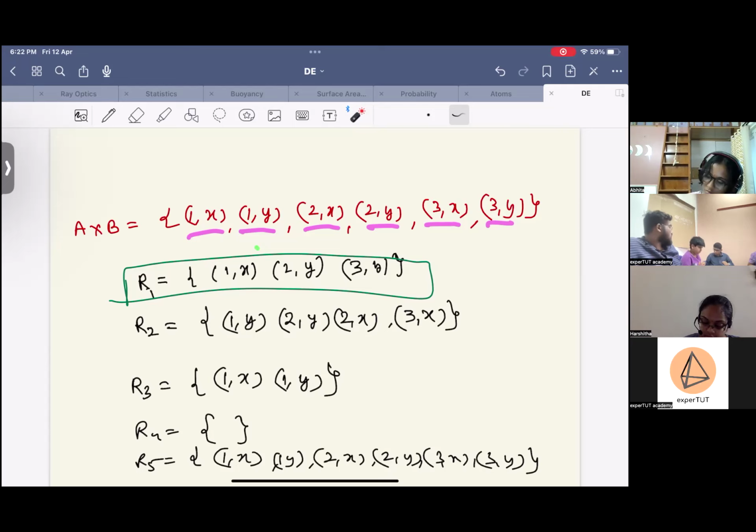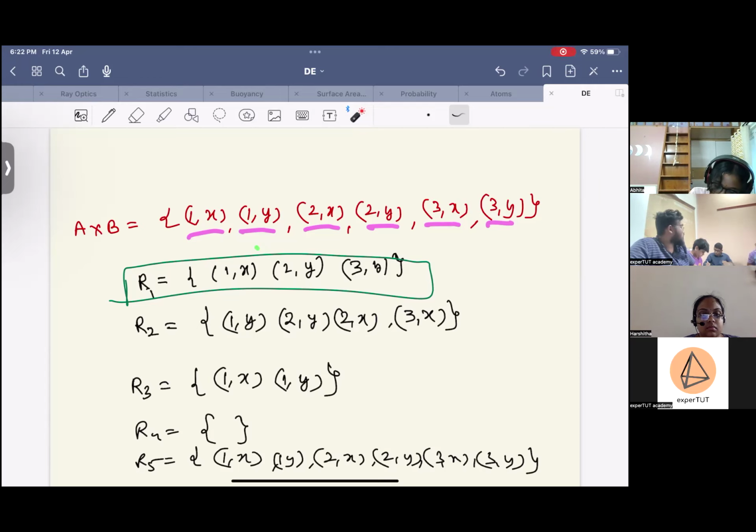Done? Part 2. Arrow, it's not just a line, it's an arrow.